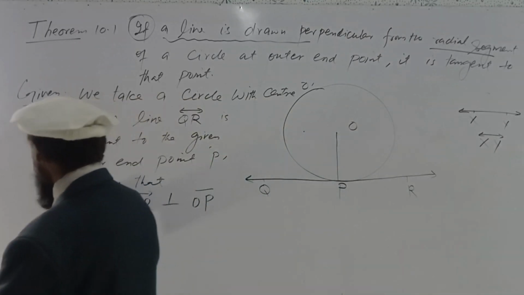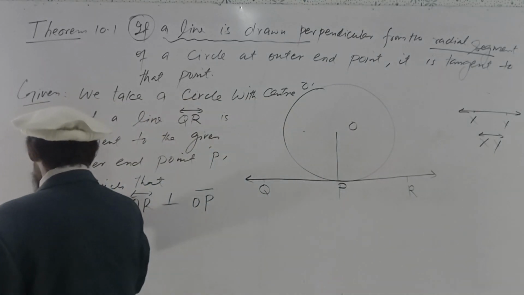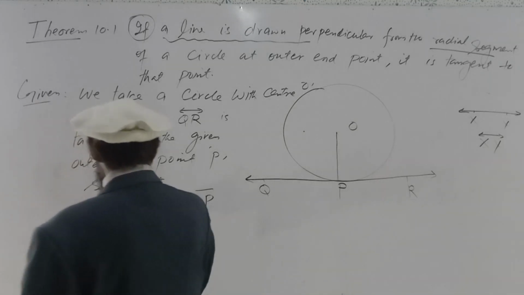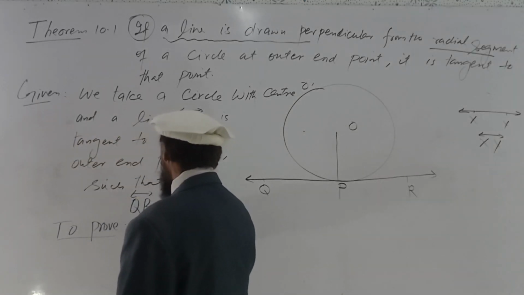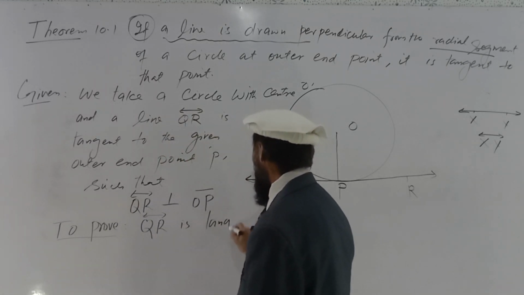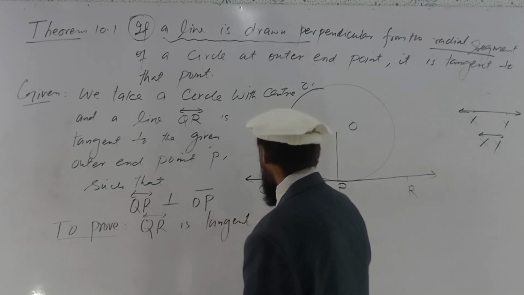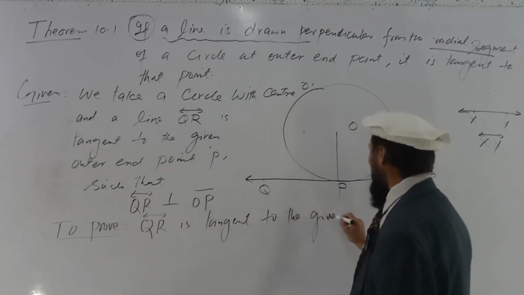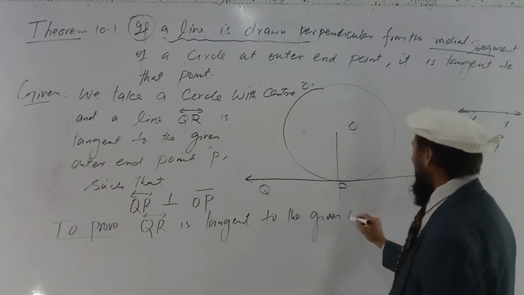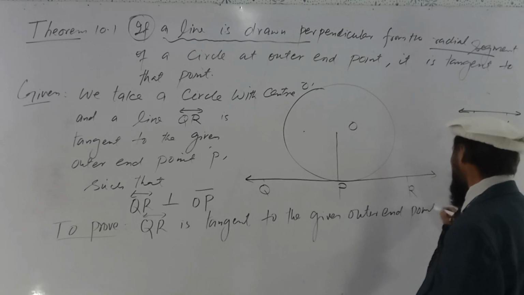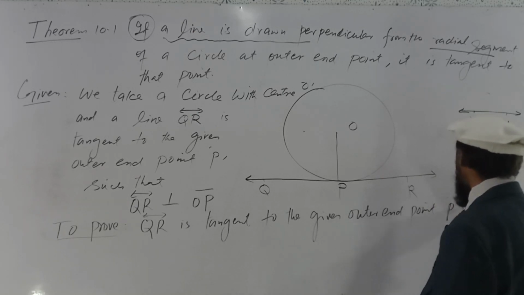We want to prove that the given line QR is tangent to the given circle at the outer endpoint P.